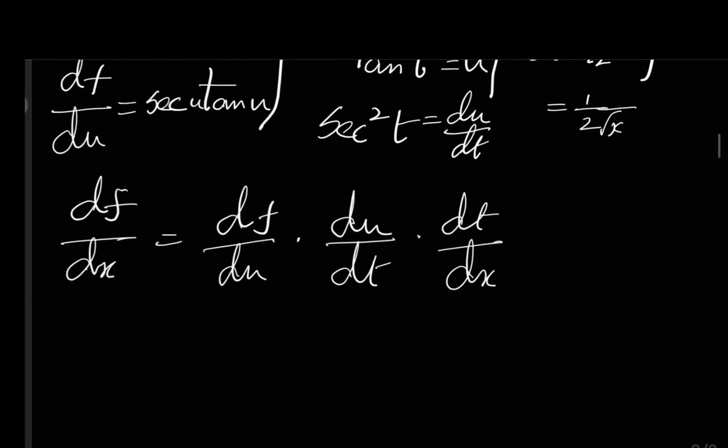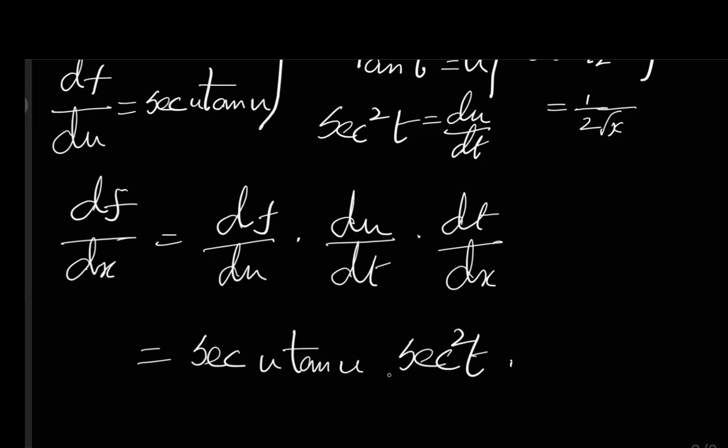Three functions we consider here. Now make the substitution: secant u tan u for df by du, du by dt is secant squared t, and dt by dx is 1 by 2 root x.